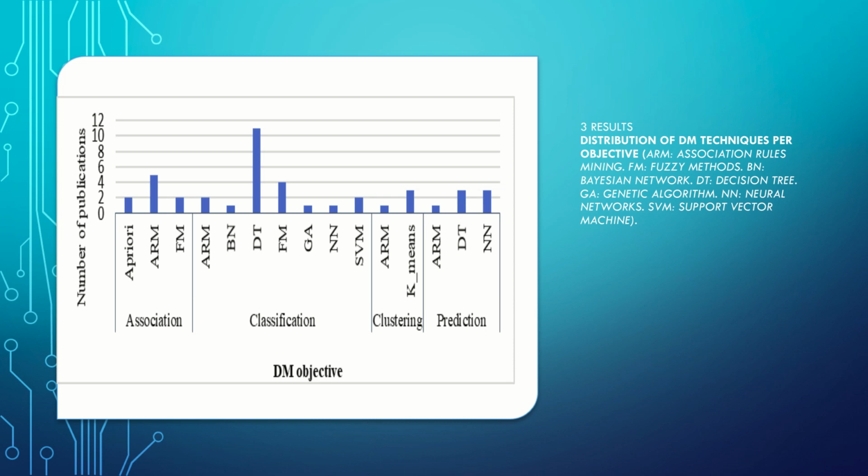And as we see, association rules are the most present when it comes to association with a percentage of 55.6%, then fuzzy logic based models and a priori with a percentage of 22.2% each.